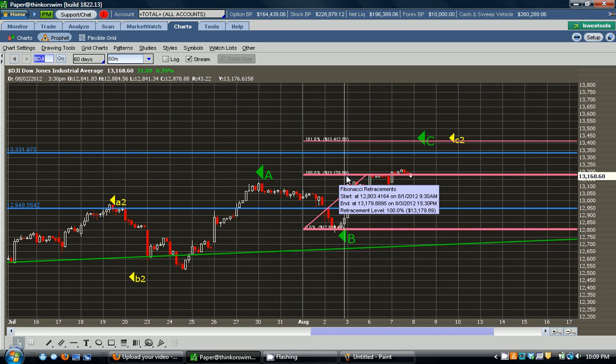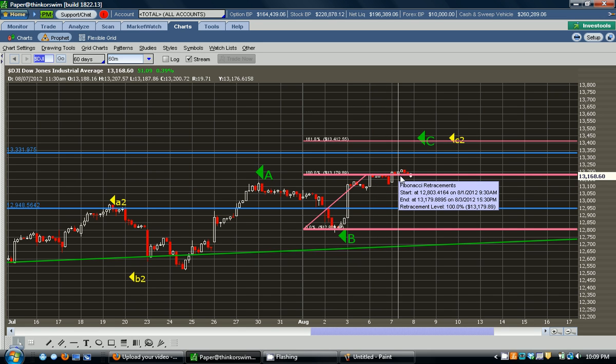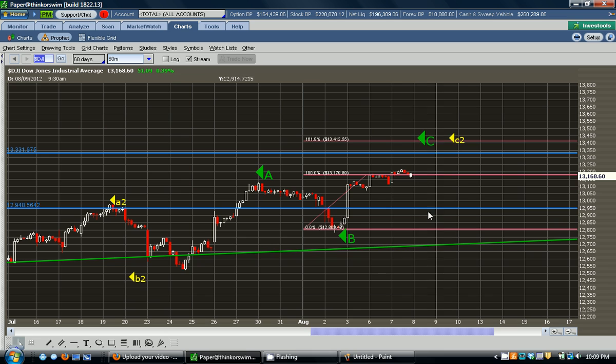And as we see with what's going on, it's really staying under that. So with today's pivot day and with those gravestone dojis, you might see a reversal coming up. If not, we're going to go all the way up to 13,331. But with the pivot day and everything, and also let me show you this.